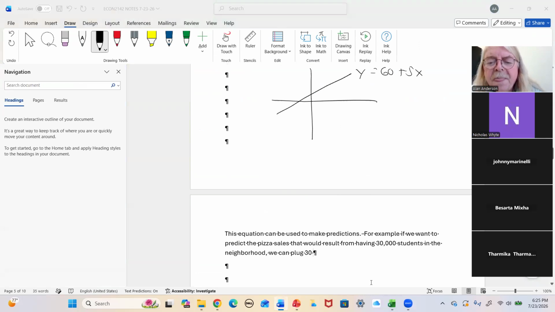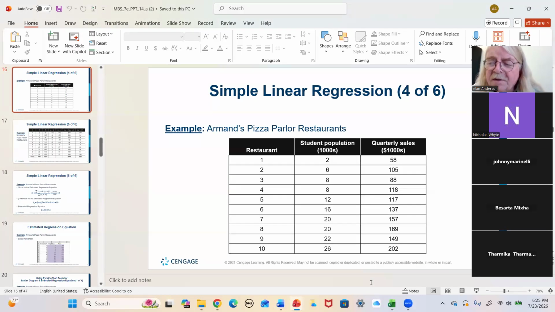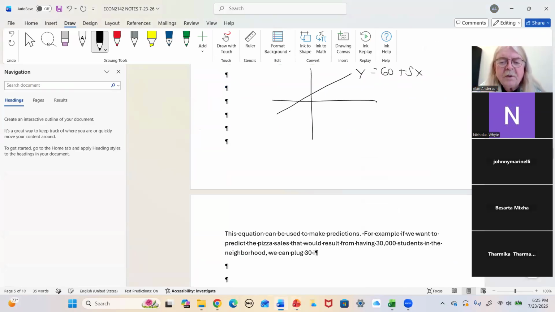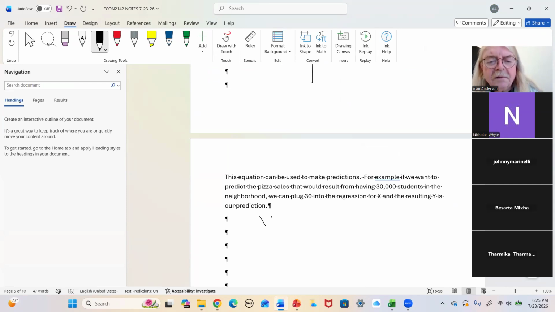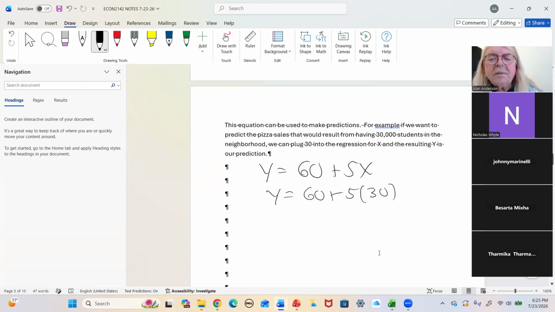Now here's where we have to really watch it. 30 means 30,000 students in this equation, and we plug it into the regression equation for x, and the resulting y is our prediction. So y equals 60 plus 5x, and that leaves us with a prediction of 210. But the y's are in quarterly sales of thousands, so this means 210 thousand in sales per quarter.